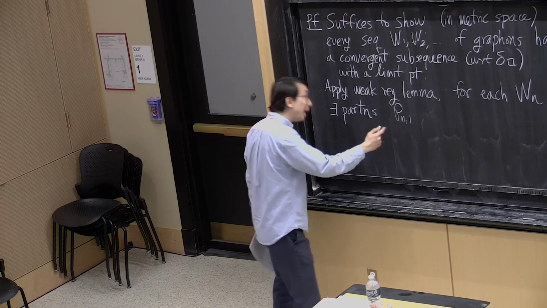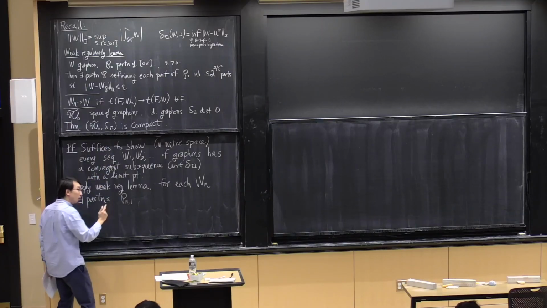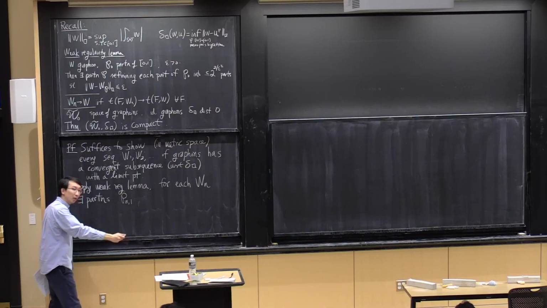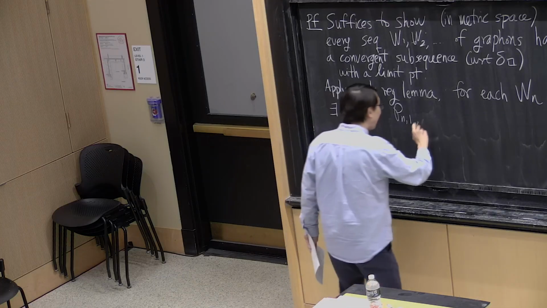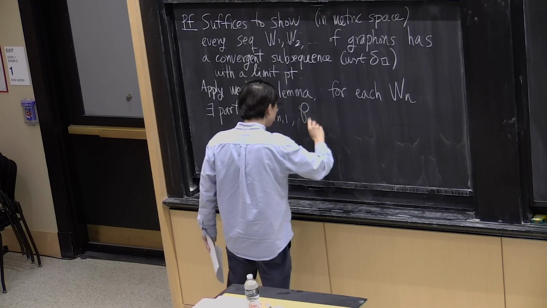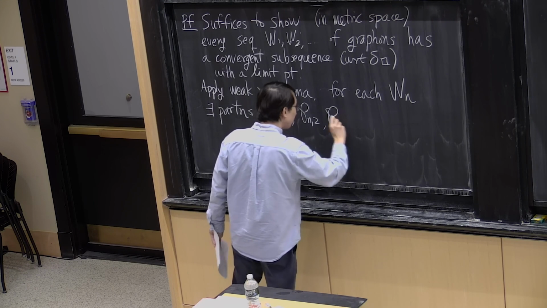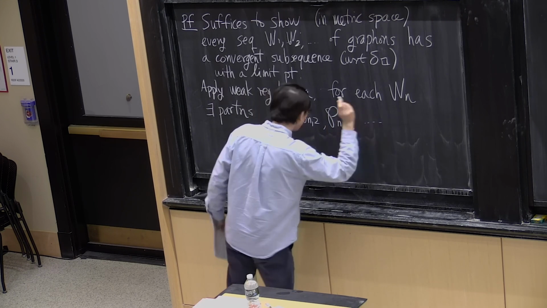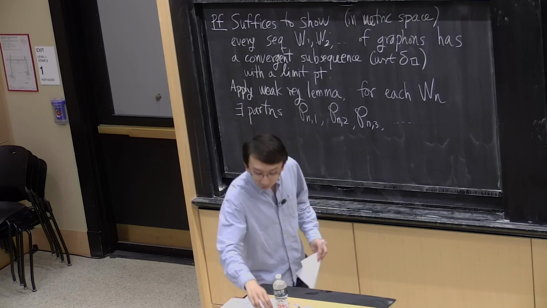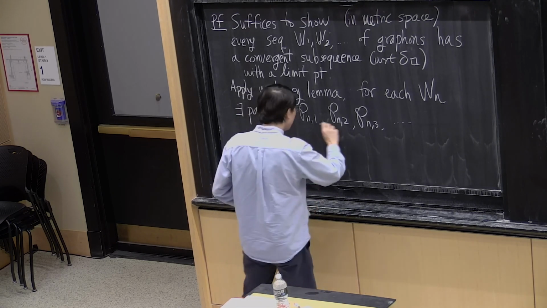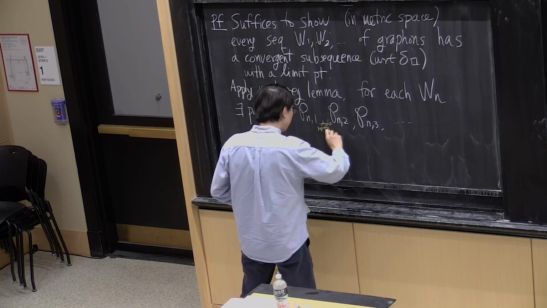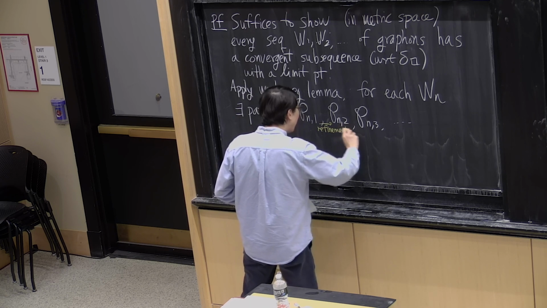And then starting with that as my P_0, I'm going to apply the regularity lemma again and obtain a refinement. I will have this sequence of partitions, each one refining the previous one.